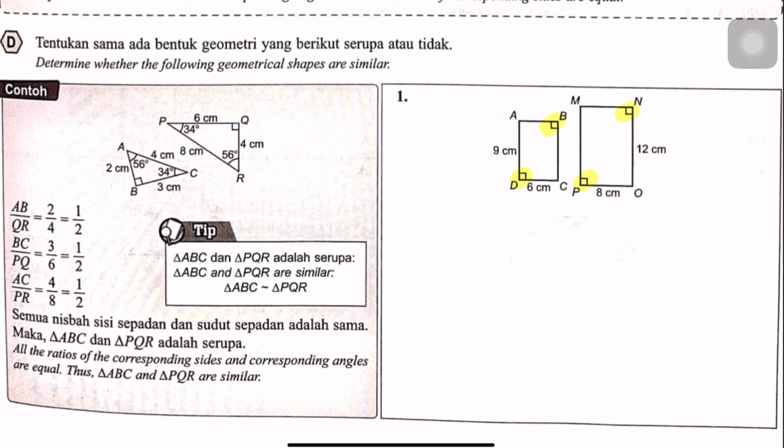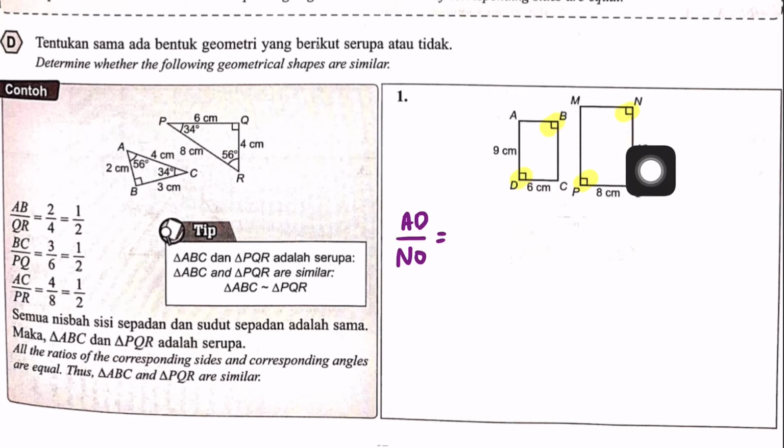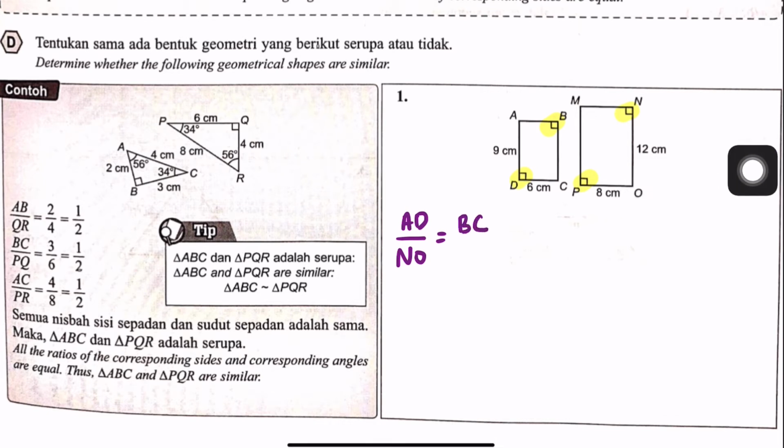Next, let's check the ratios of the sides. Let's check AD over NO. We know that AD and NO are also equal to BC and MP.